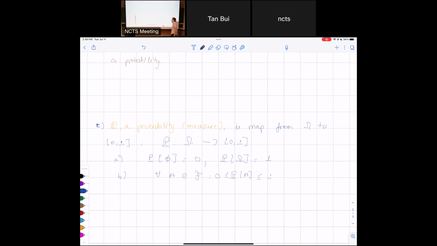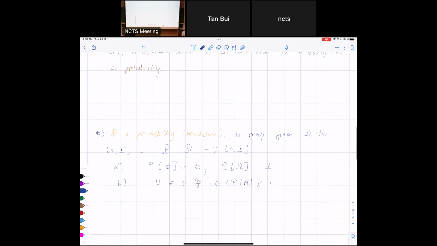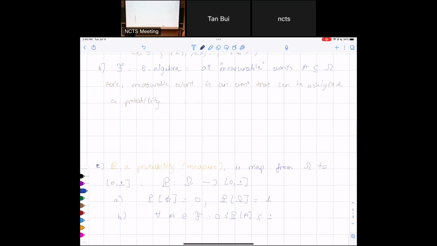We can assign a probability to any set in our sigma algebra. To be in the sigma algebra is that you can assign a probability. So these two need to be together in the definition because they help understand one another.